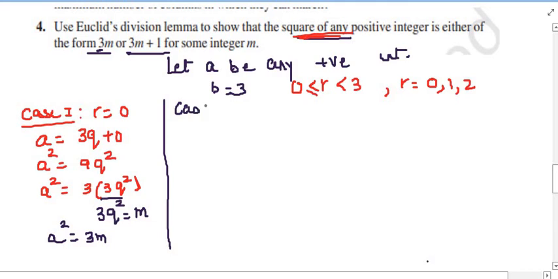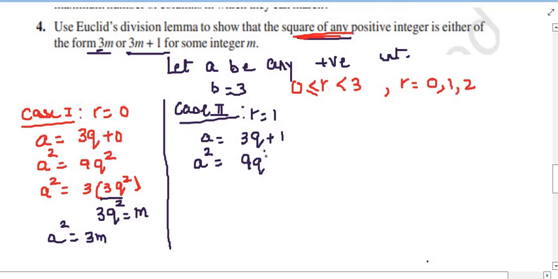Now case 2, when r is 1, so a is equal to 3q plus 1. Again squaring both the sides, a square will be equal to 9q square plus 6q plus 1.